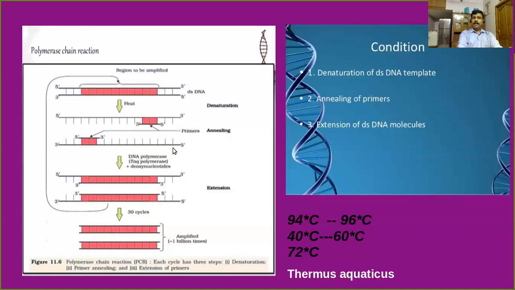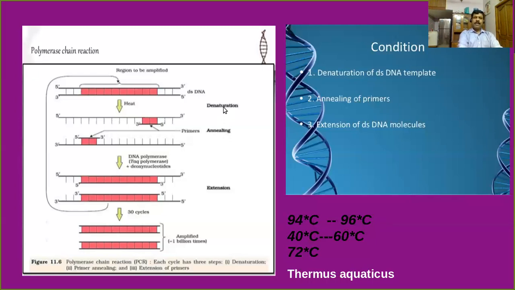Look, the entire process of polymerase chain reaction is controlled by various temperatures. Totally, it's a temperature controlling system. If we use 95 degrees Celsius to 96 degrees Celsius, what will occur? The denaturation will occur. Is it clear?